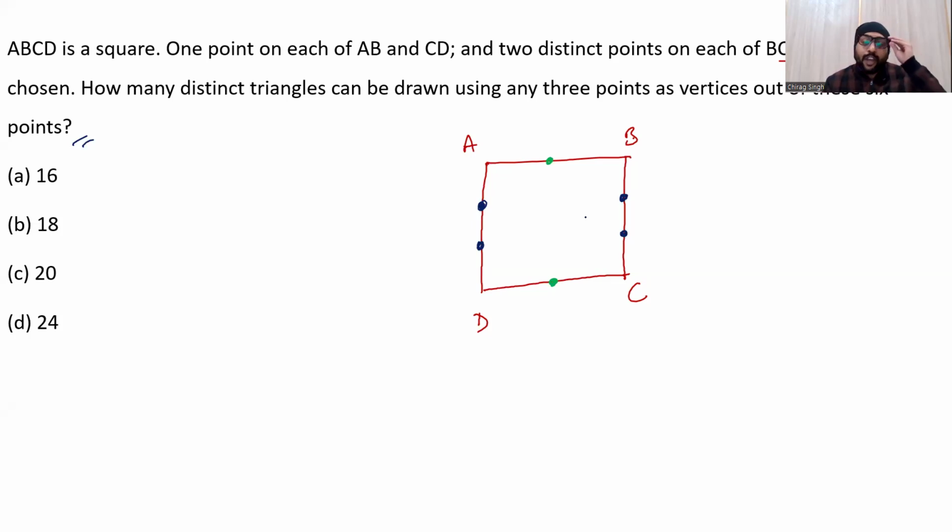What do we do? You have 6 points and you have to make triangles out of those points. To make a triangle, how many points do you need? Okay. So it is simply what? You have been given 6 things and you have to choose 3 things out of them, a general selection. What will you do?